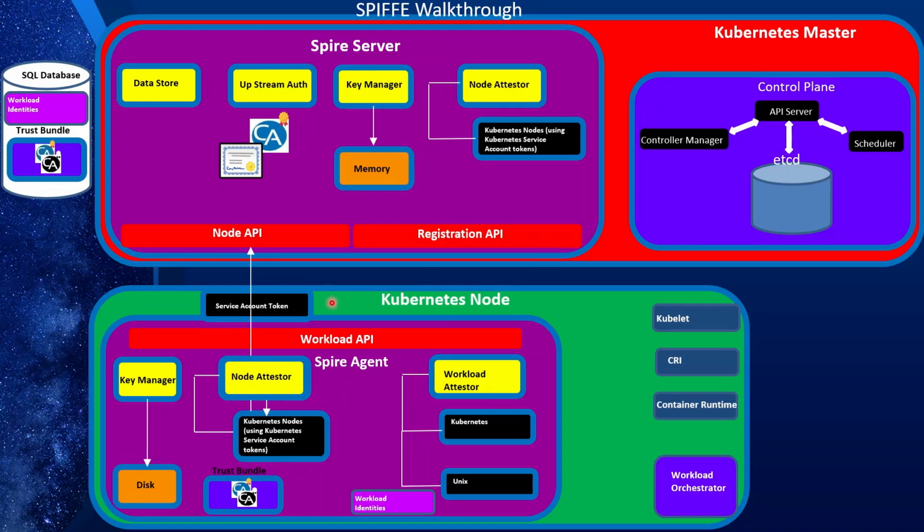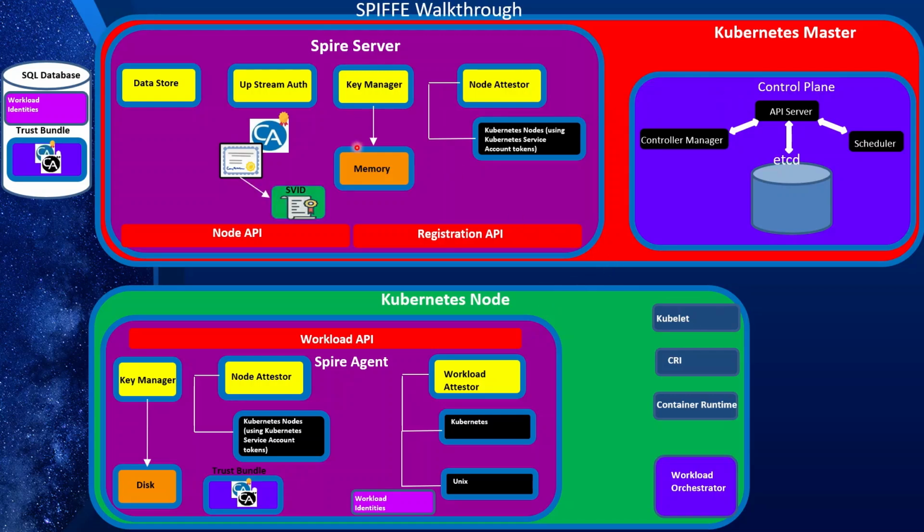So it gets that and sends it through the Node API, and then the SPIRE server sends that service account token through its own attester to Kubernetes and says, hey, we have this node, it is claiming that it is in your cluster. Can you verify that? And this is the service account token. Kubernetes will validate that because, if it has signed this service account token, it says, okay, yes, it's been signed by me, and that belongs to this cluster.